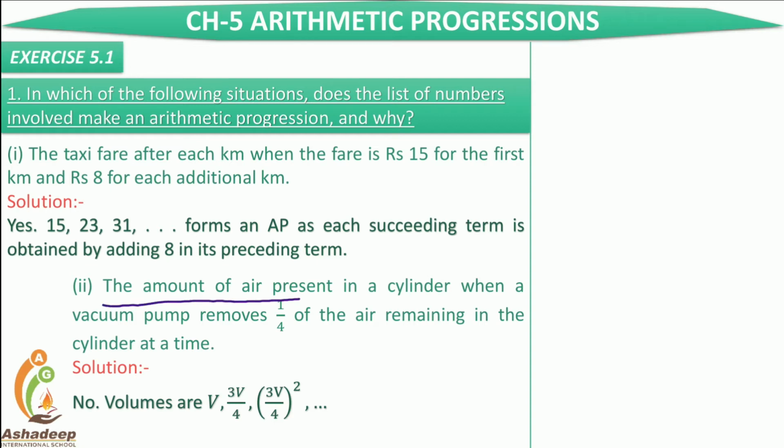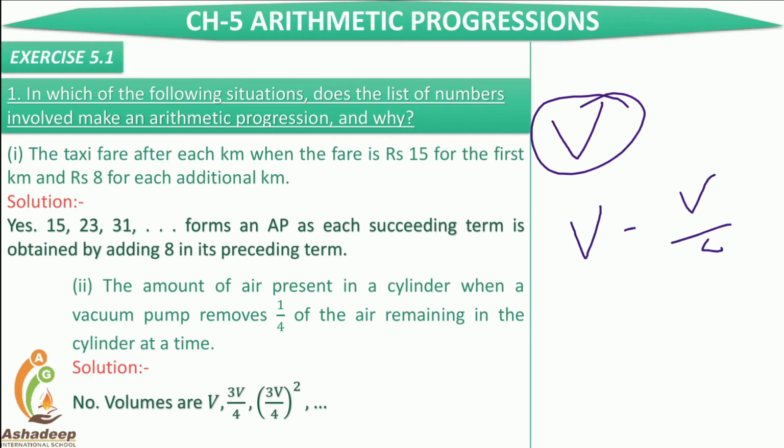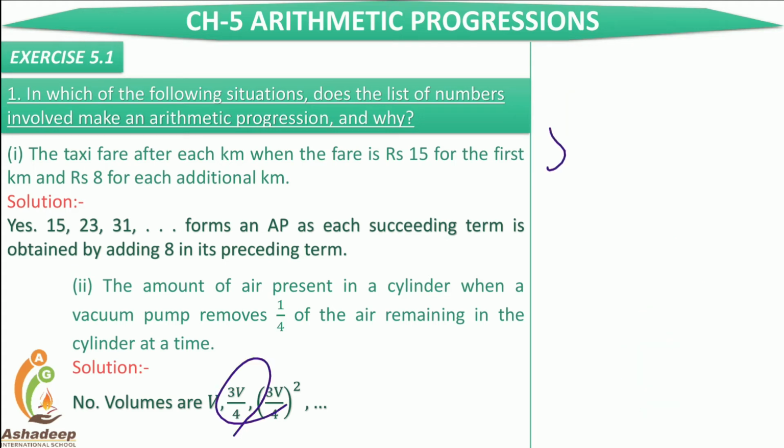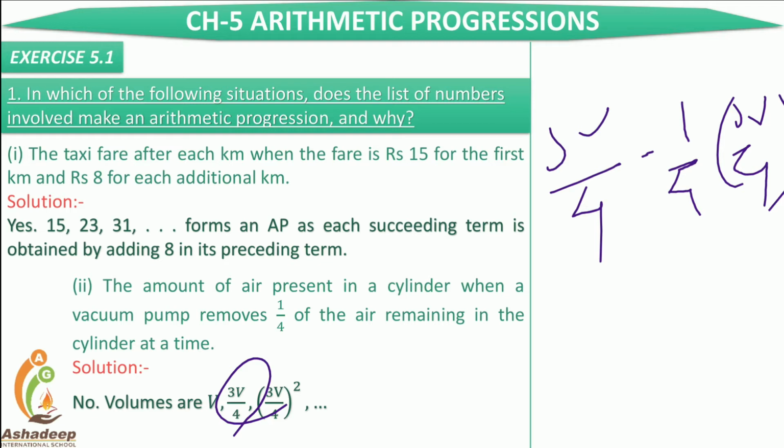Now, the amount of air present in a cylinder when a vacuum pump removes 1/4 of the remaining air. Initially we have V. From V, 1/4 is removed, so V minus V by 4, which is 3V by 4. Then 1/4 of the 3V by 4 is removed.